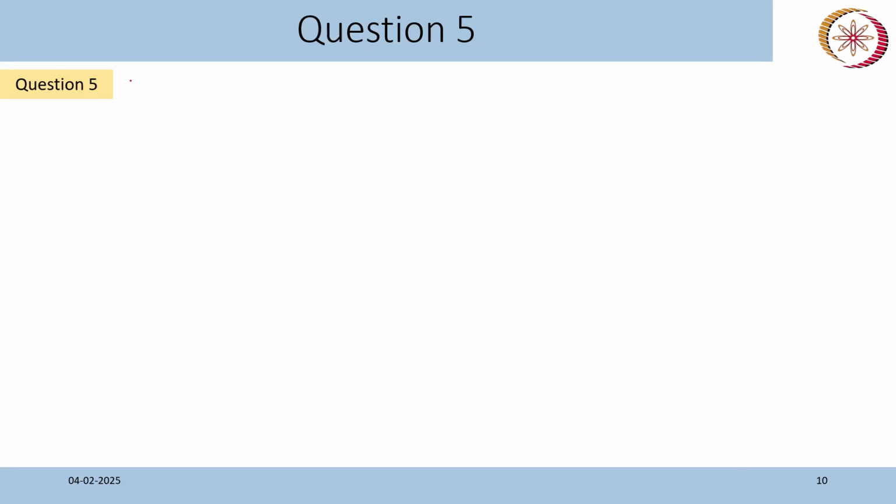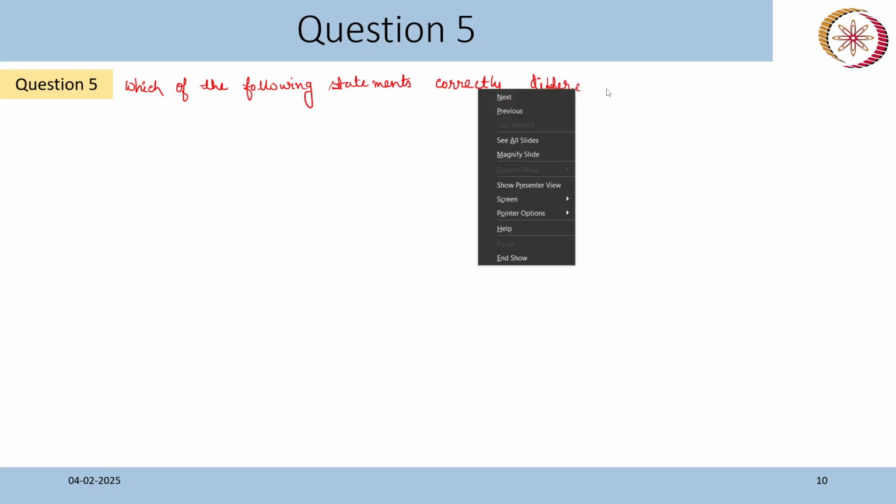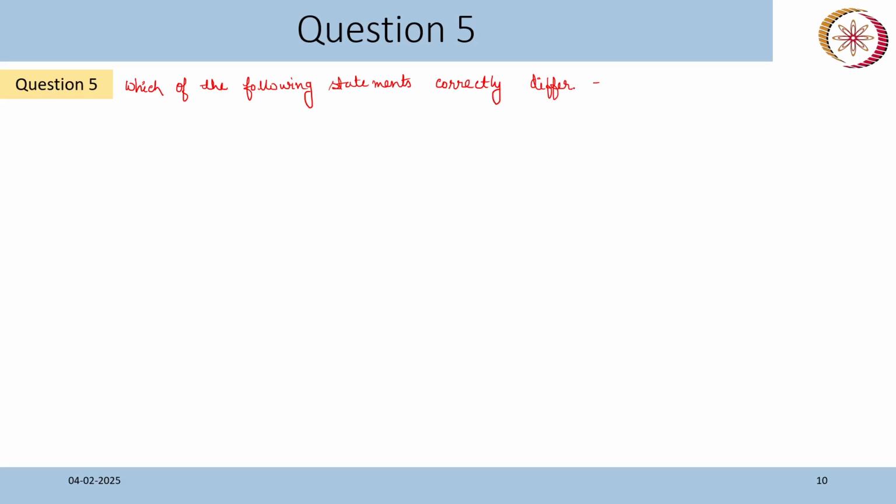Okay, I'll write down the next question, question 5. Which of the following statements correctly differentiate between positive and negative photoresist?